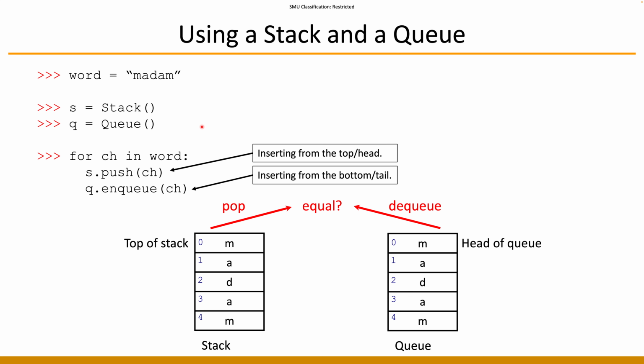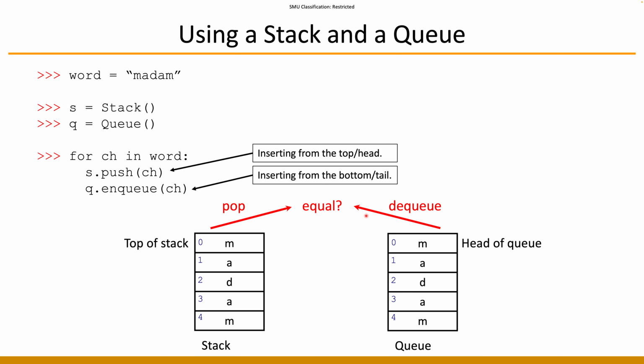So if you push and enqueue the elements into the stack and queue respectively, and then you begin to remove elements one at a time from the stack and queue, because the stack is last in first out, you get to see the last element first and progress toward the beginning of the word. While the queue is first in first out, so your first element inserted into the queue will also be dequeued first.